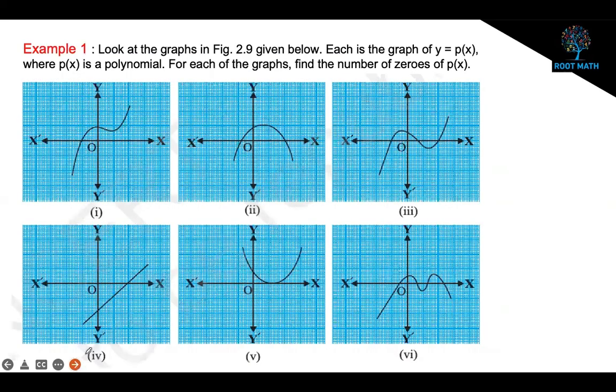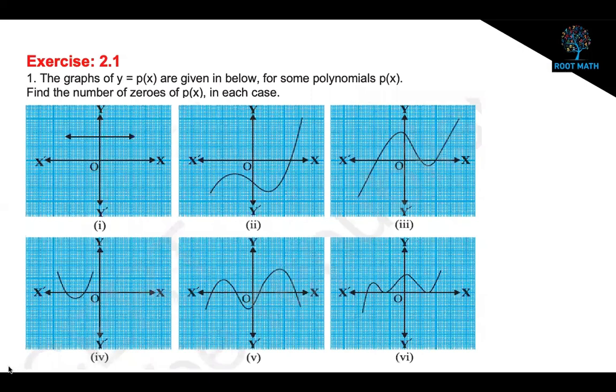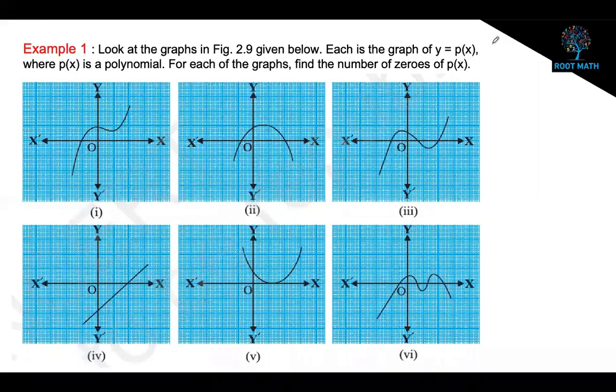Next comes our example questions. From these graphs, you want to find out the number of zeros for the given polynomial. So here, you can see the graph is intersecting the x-axis at 1 point, so it has 1 zero.